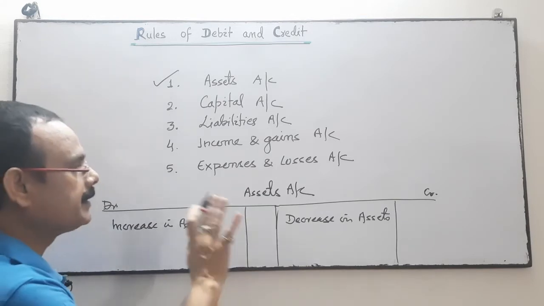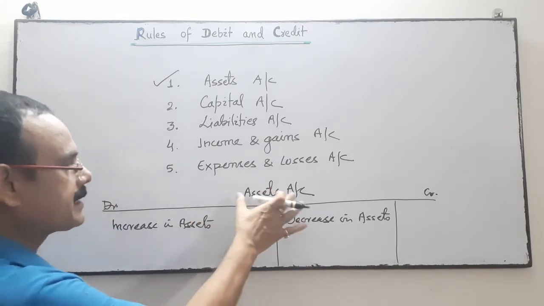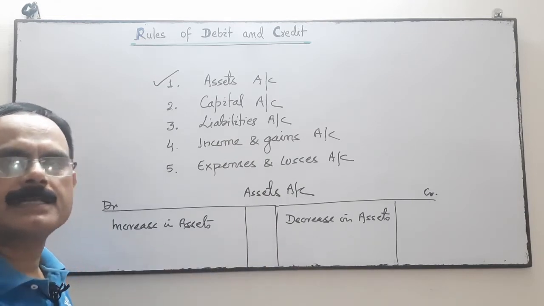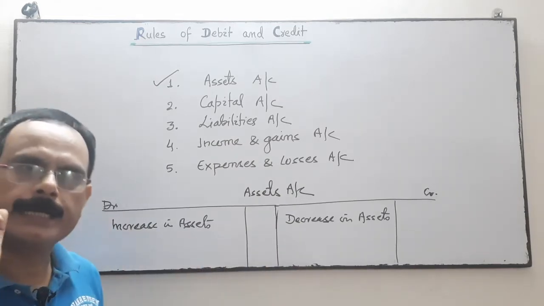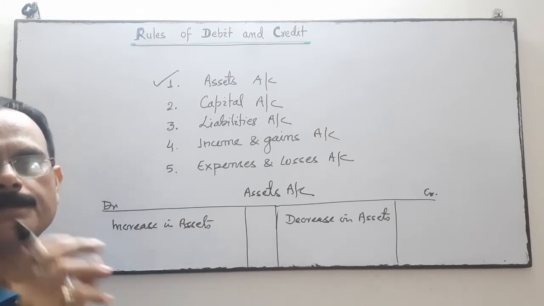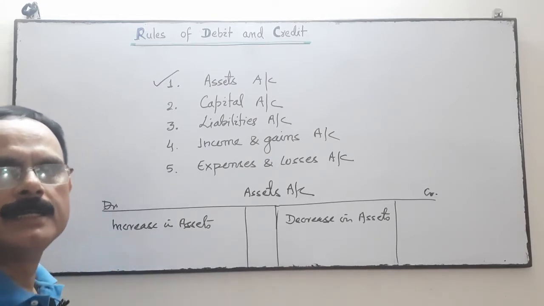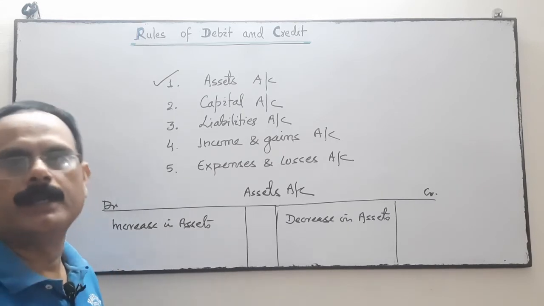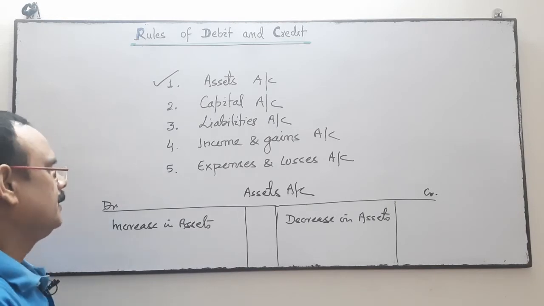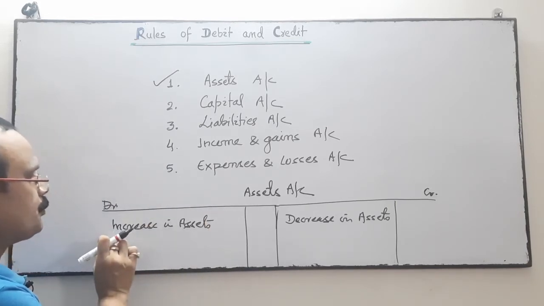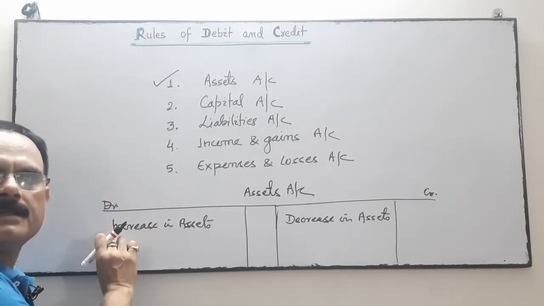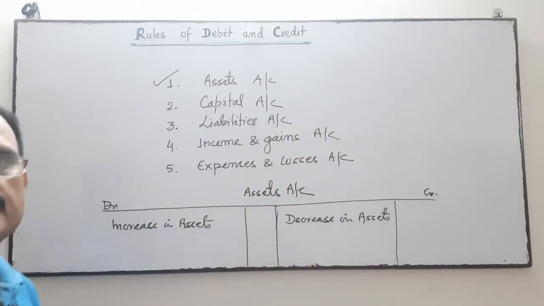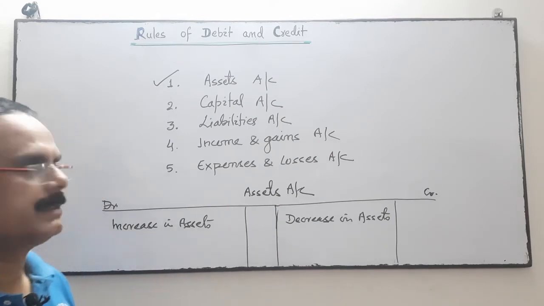These are the rules for any asset, whether cash, bank, debtors, furniture, plant and machinery, motor car, land and building, goodwill. Increase in assets will be on the debit side and decrease in assets on the credit side.